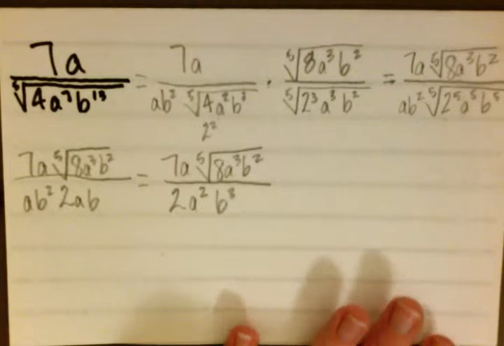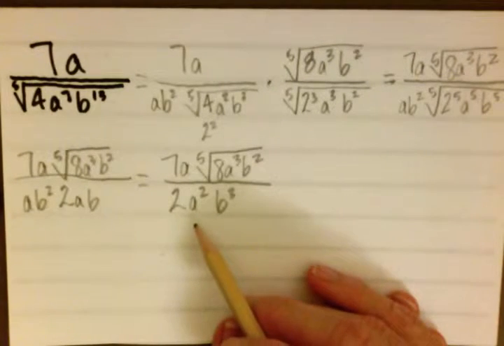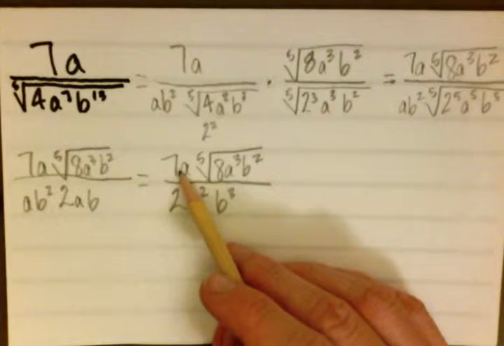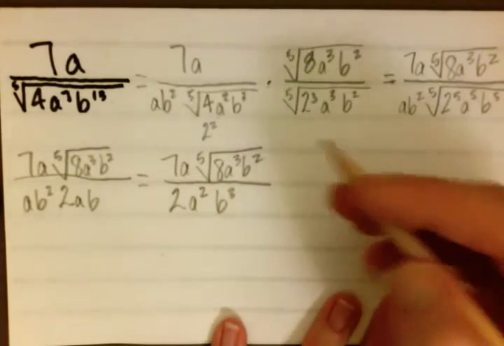We're almost done here. One last thing we want to take care of is, are there any common terms in the numerator and the denominator that we can use to simplify? And, in fact, there are. We have an a in the numerator, and an a squared in the denominator.